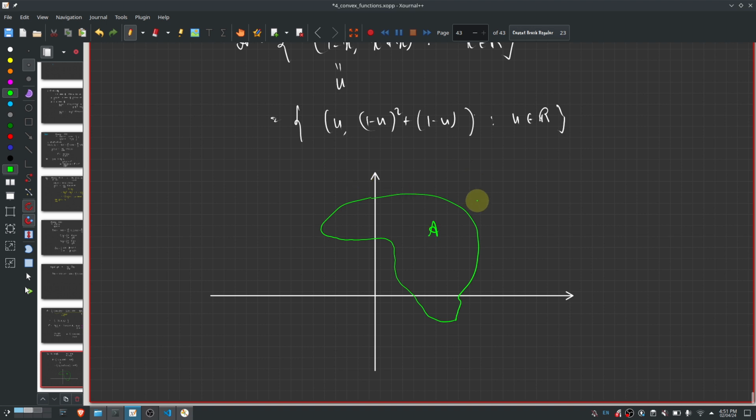This is my u, this is t. Let me draw it a little more weirdly. Suppose this is A.